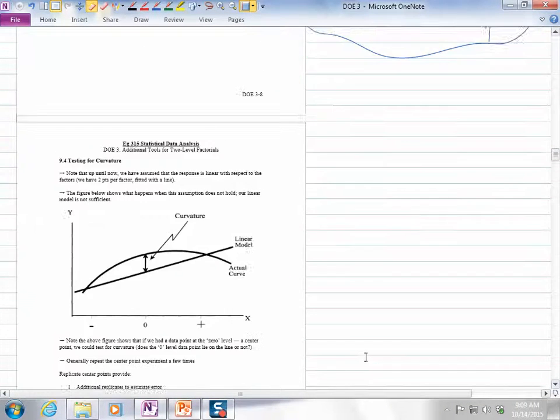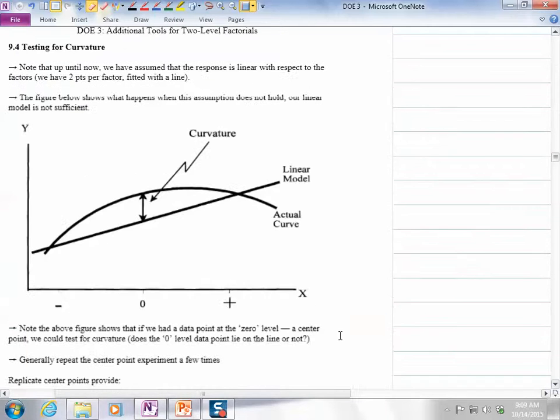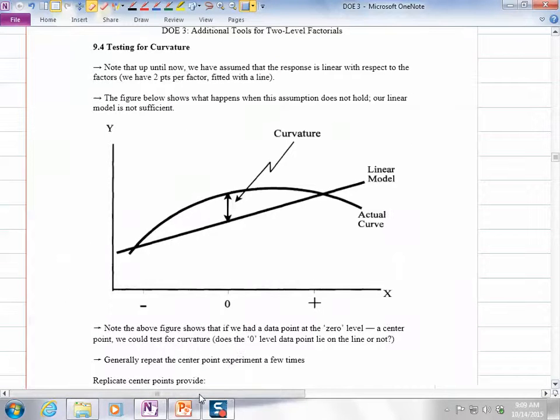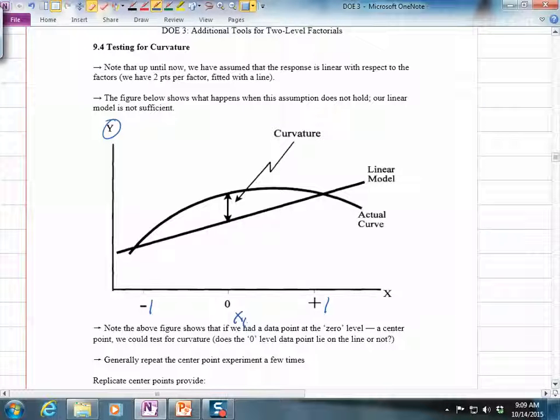Okay, so next topic is how do we test for curvature? So let's think about this with one variable.